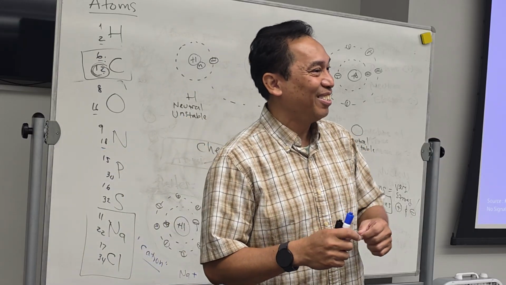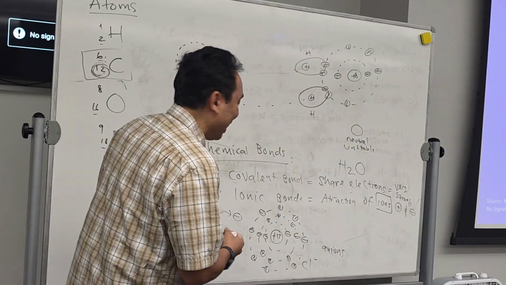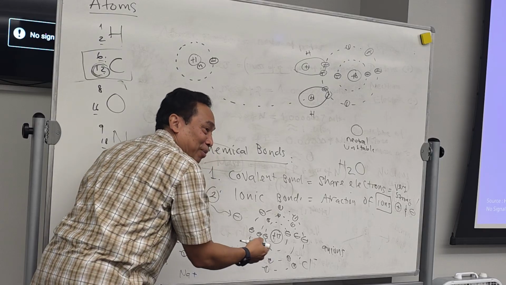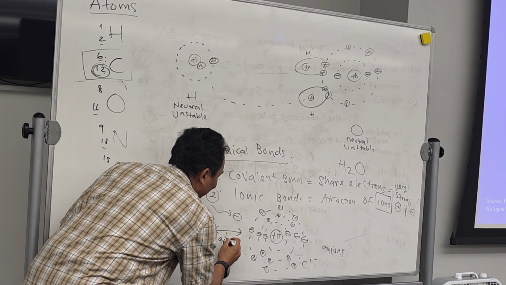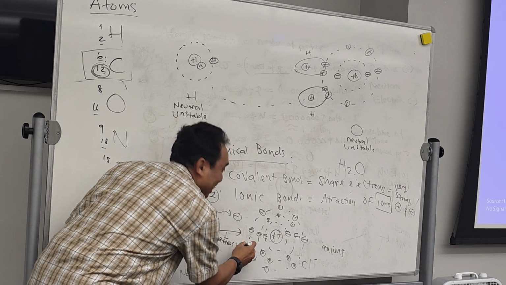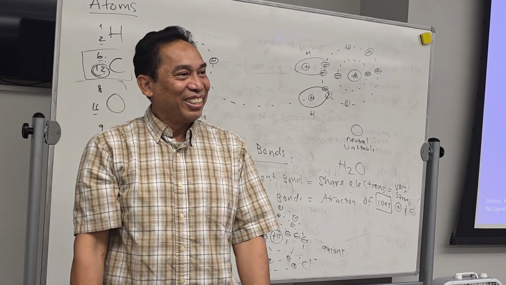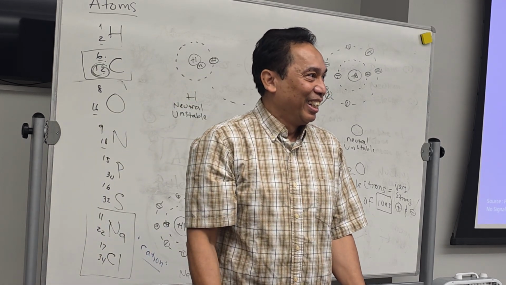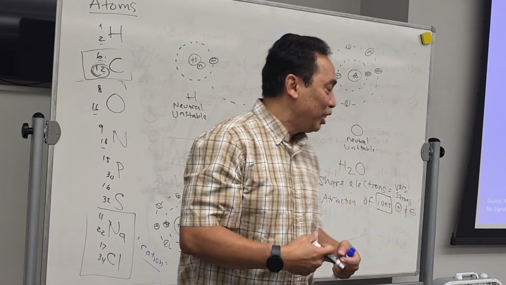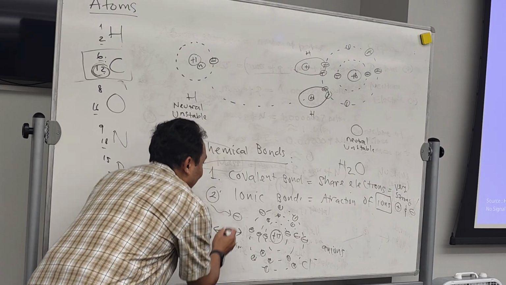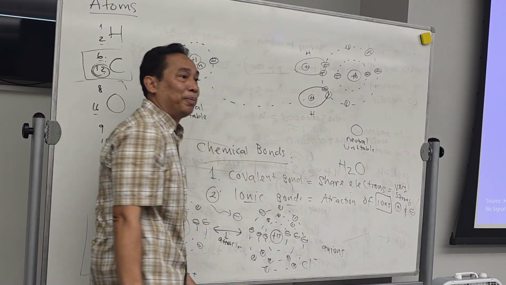The same thing with this one. One positive, one negative, they attract. Attraction over here. Okay? And as they get closer, boom, finally, they bind. So this binding is called an ionic bond.